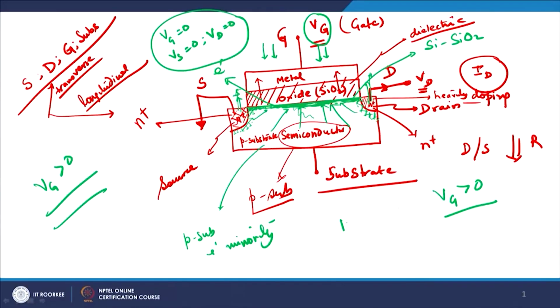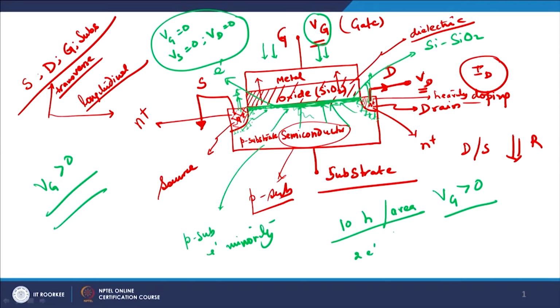If the number of electrons per unit volume, or per unit area, near the silicon dioxide interface is exactly equal to the number of holes per unit area initially there. Suppose initially we had 10 holes per unit area. Now we increase the gate voltage and there are 2 electrons per unit area.